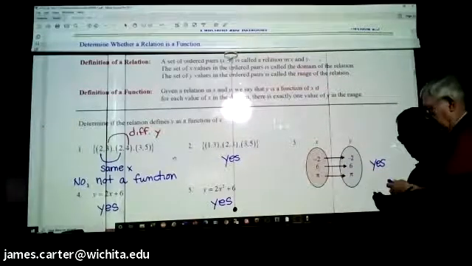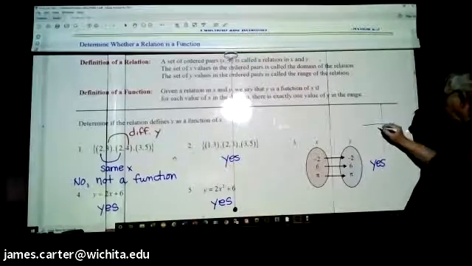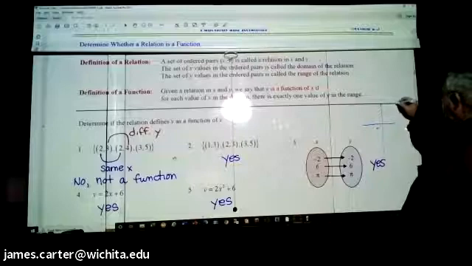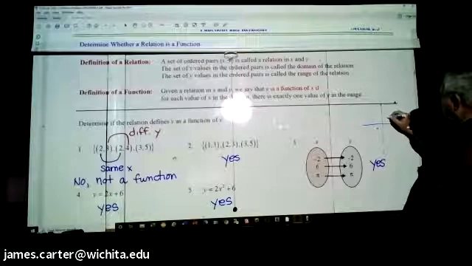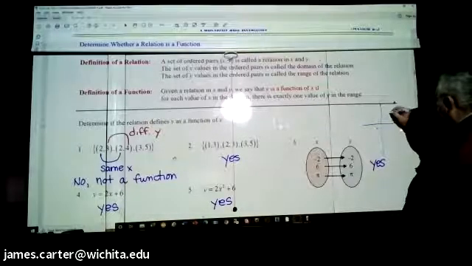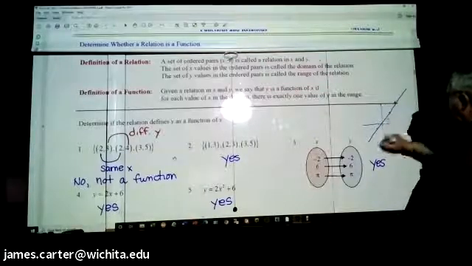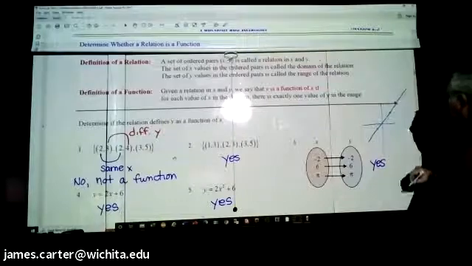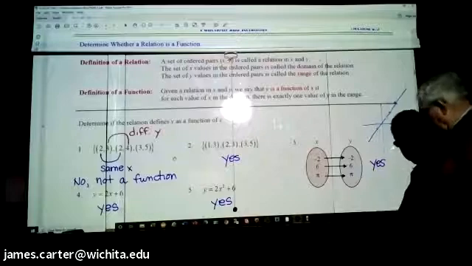Well, what's that looking like graph-wise? -2, -2 is here. 6, 6 is here. 3.14, 3.14 is here, actually probably about here. We're really talking about a straight line, and with the vertical line test, only one y value for each x value. So this one is yes.